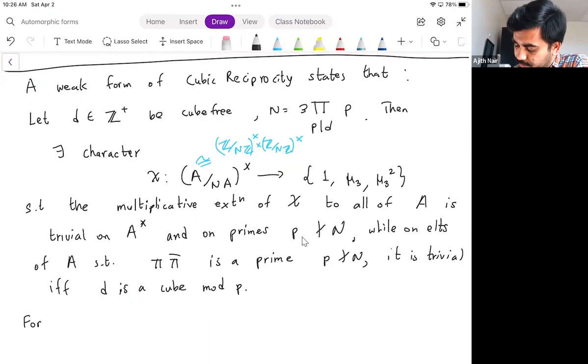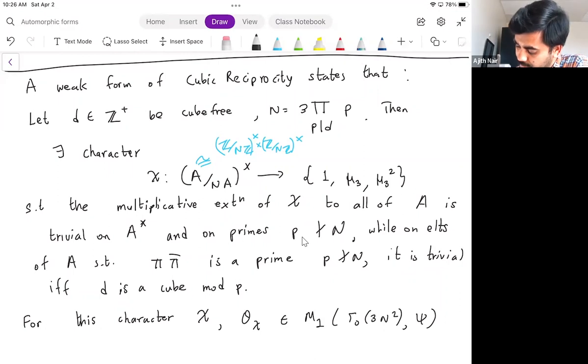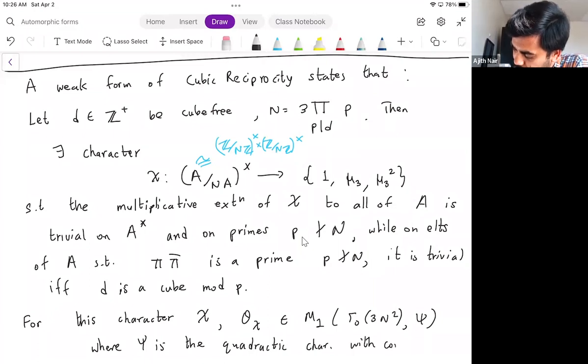For this character chi, theta chi, which we constructed, is going to be a modular form of weight 1, level gamma naught 3N squared, associated with psi, where psi is the quadratic character with conductor 3.